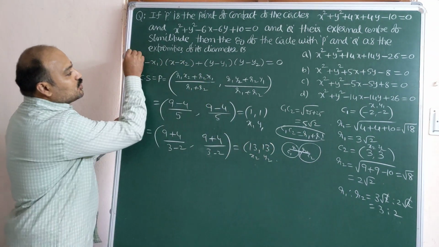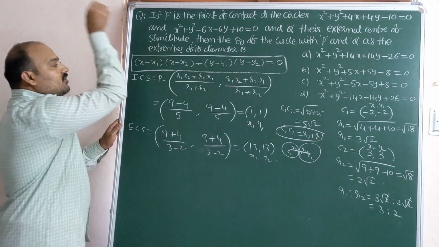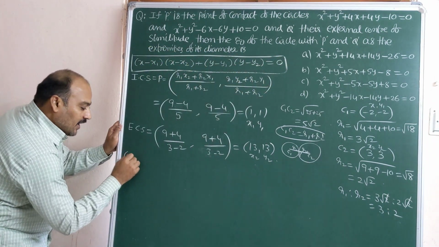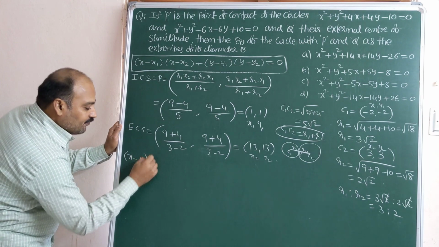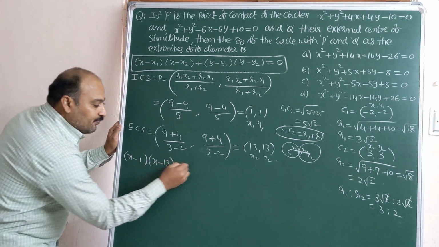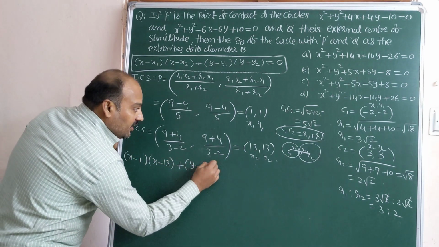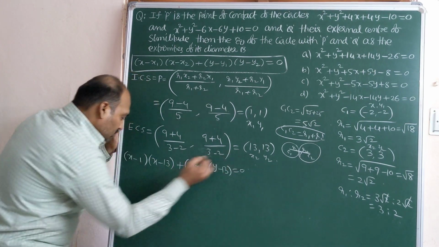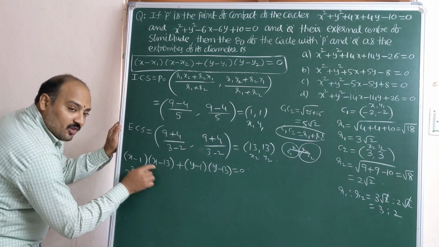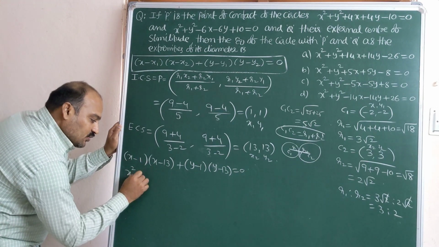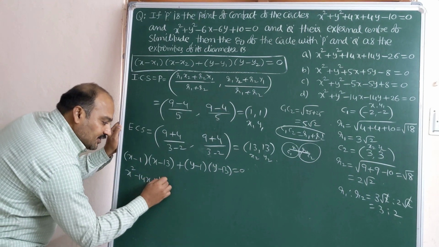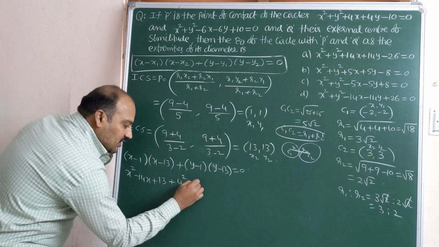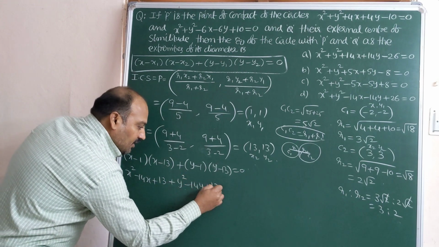So these values we substitute in the diameter form of the circle. So x minus x1 is 1, x minus 13, plus y minus 1 into y minus y2, that means 13. So x square minus 13x minus x minus 14x plus 13, y square minus 14y plus 13.